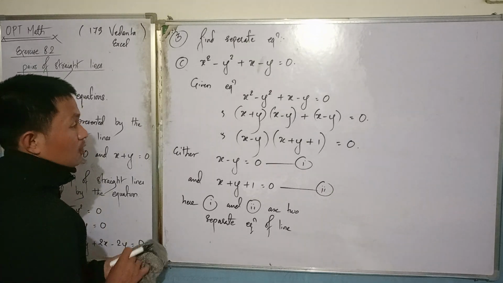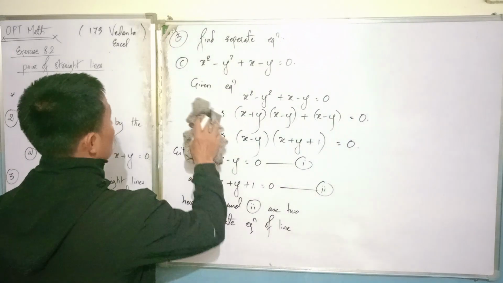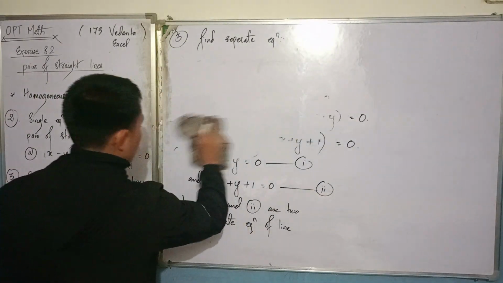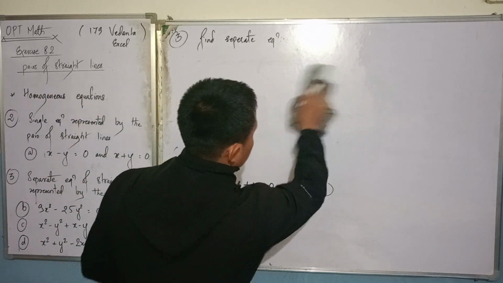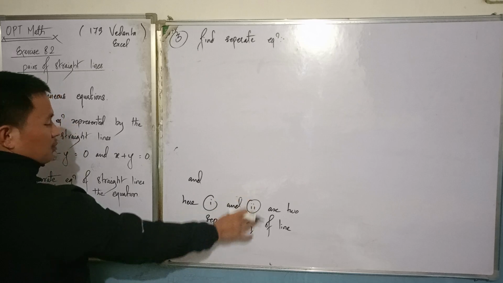Okay, so I'm going to erase this. If you haven't, just take a screenshot and try to do it later. Okay, now I have done this. Okay, so all within this part.